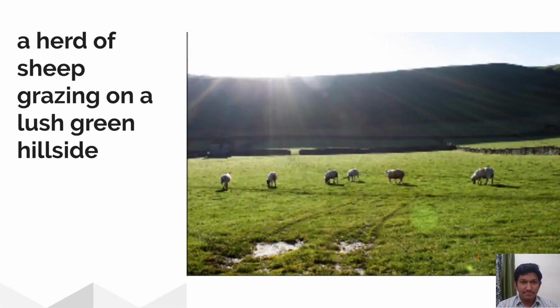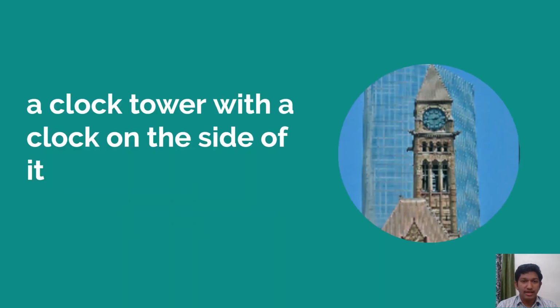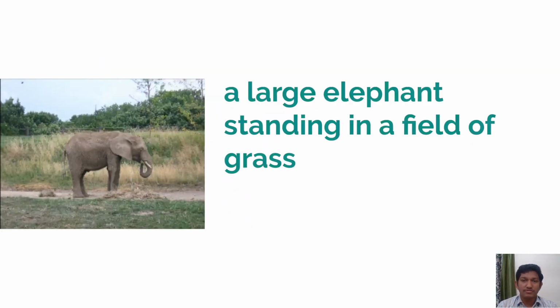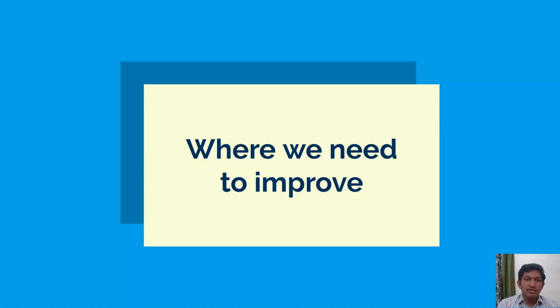You can also see a herd of sheep grazing on a lush green hillside, a kitchen with stove and sink and microwave tiles, a clock tower with a clock on the side of it, a man playing tennis on a court, a large elephant standing in the field of grass, a table with a plate of food and drink.